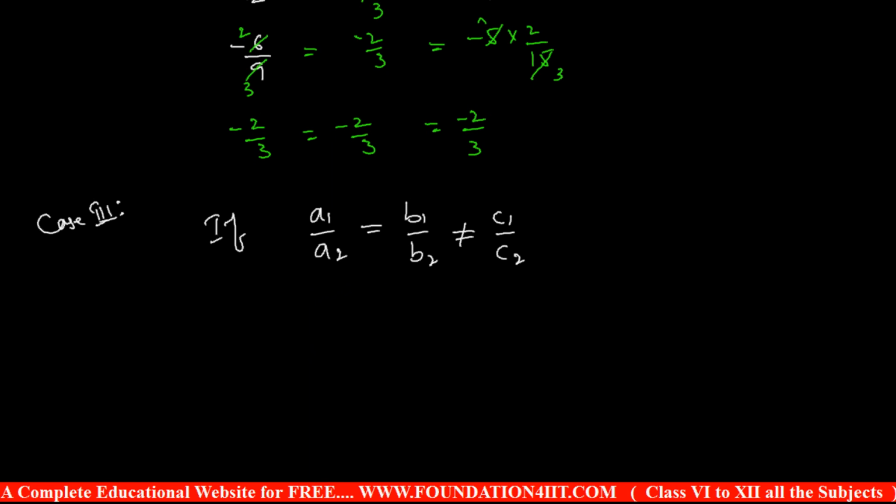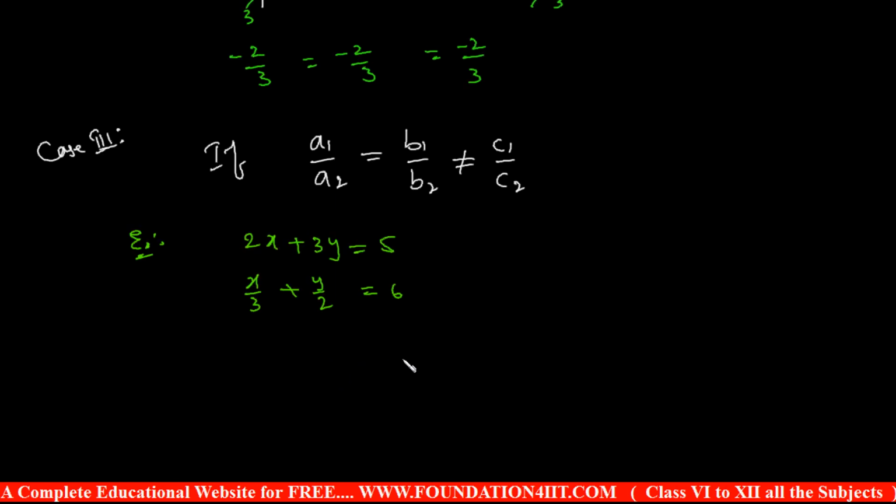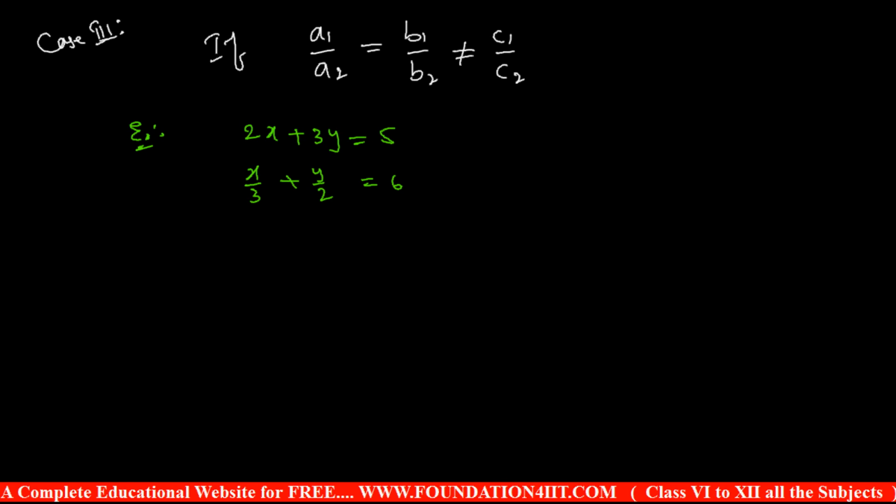Let me show an example. Let us take the linear equations 2x + 3y = 5, and one more is x/3 + y/2 = 6. Here the x coefficient is 2 divided by 1/3, and the y coefficient is 3 divided by 1/2, and here is 5 and 6.